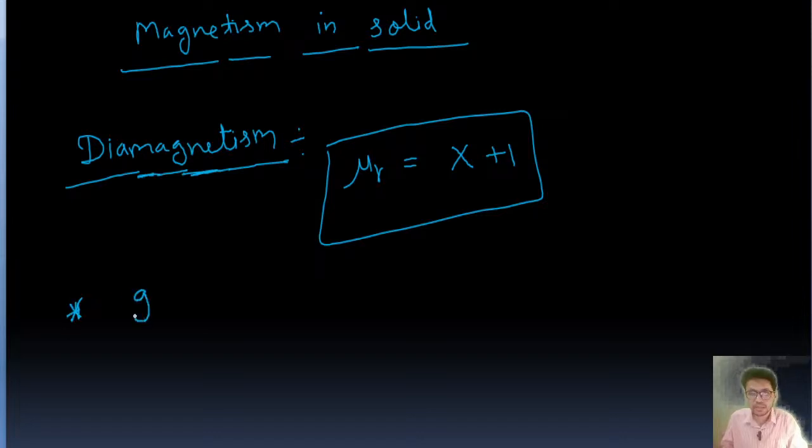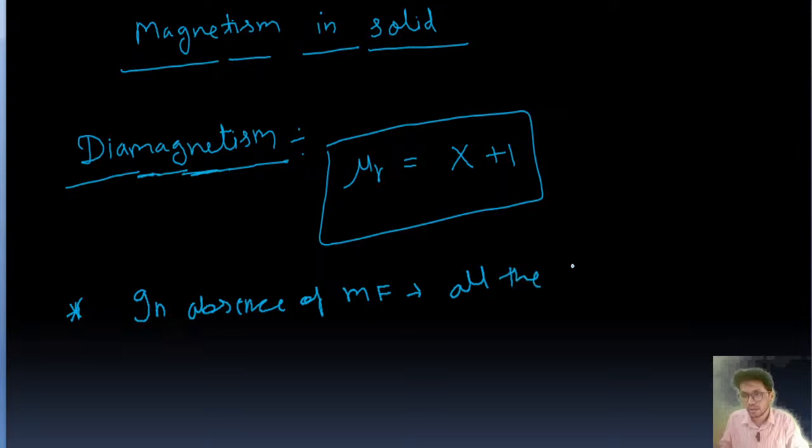I'm talking about diamagnetic substances. In absence of magnetic field, all the dipoles are randomly arranged.